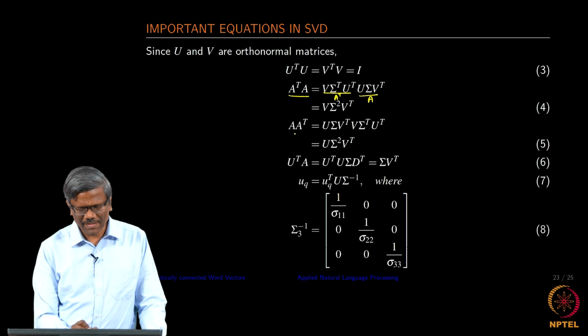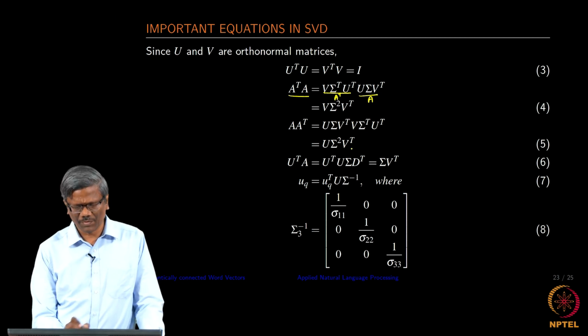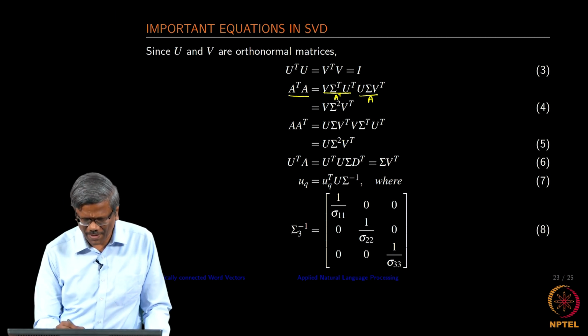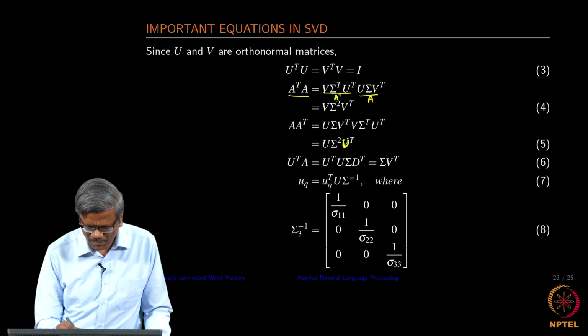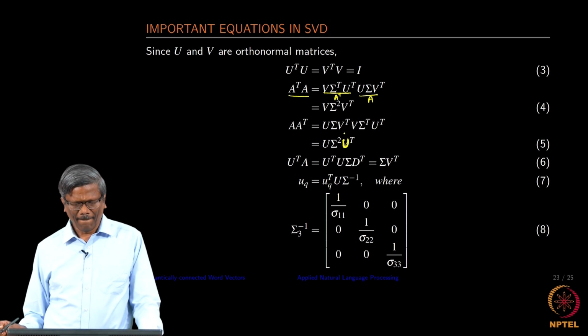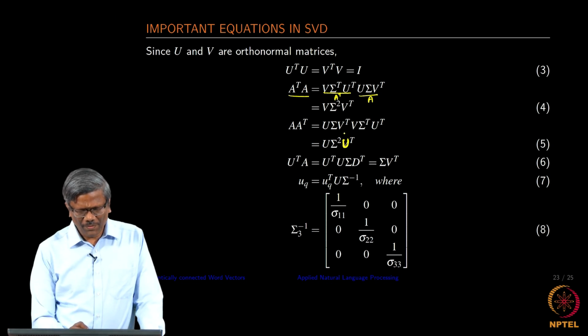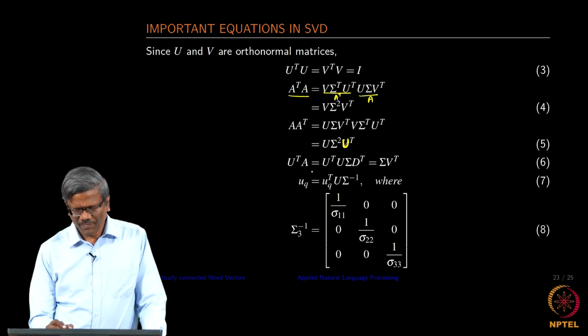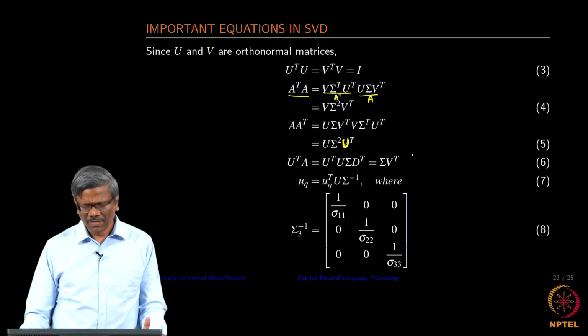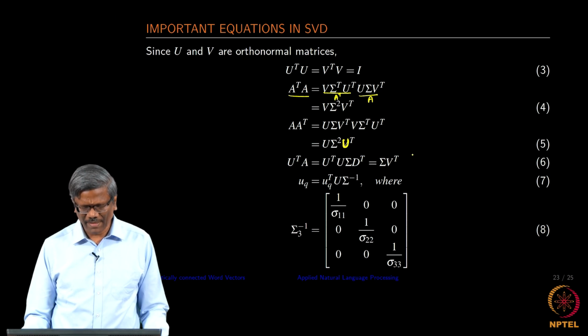In the same fashion, when you do A A transpose, it becomes U sigma square U transpose. I am sorry, this should be U. And then when you do U transpose A, you get sigma V transpose. You see how the transformed domain really reacts to various elements.